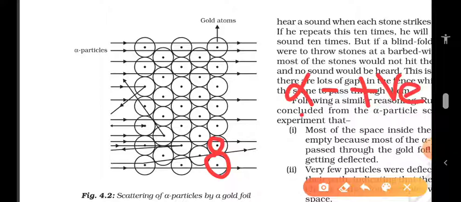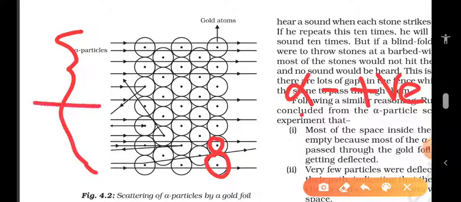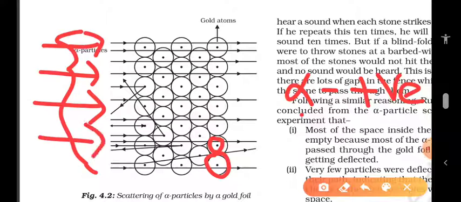That's all. Alpha particles are being injected from this side, very fast. The positive charges are being injected towards these gold atoms.